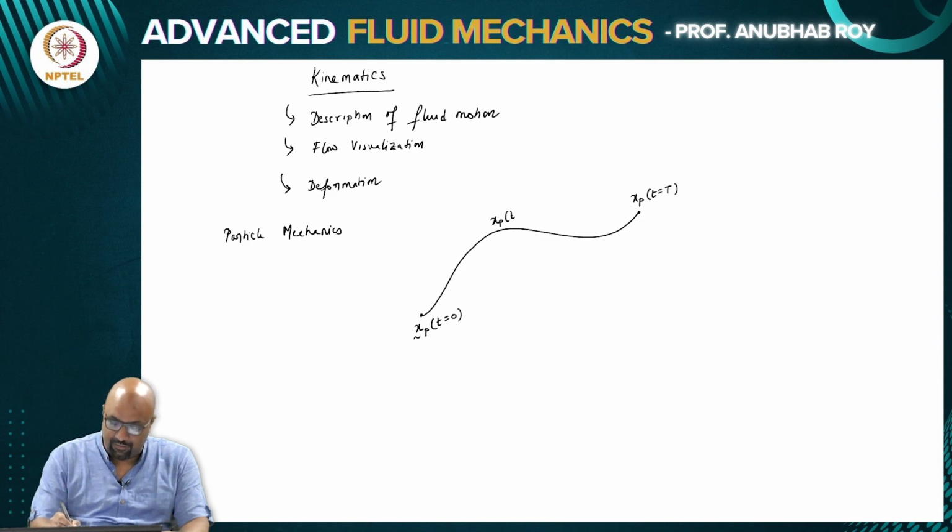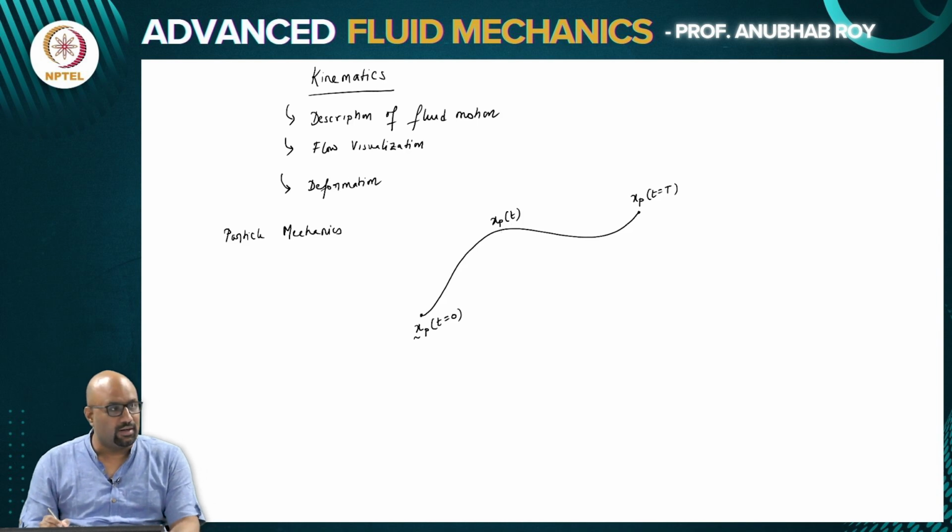So, xp of t is the trajectory of a particle. Again, we are not discussing how this trajectory is set up, but we have tracked this particular object. Given this trajectory, which is the particle position, I have used a label p, which will become evident soon, xp. This is the particle position at a given instant of time t.